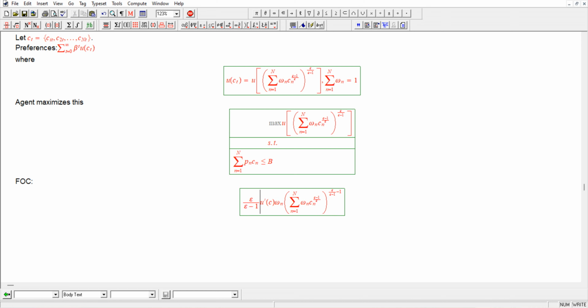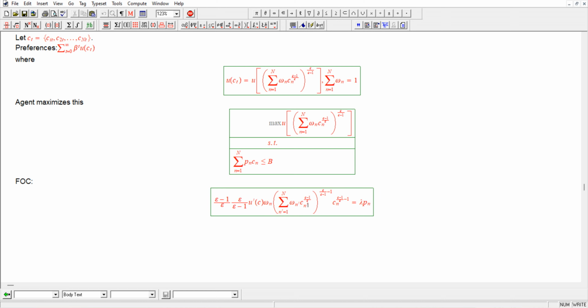I already did that, that's why we have that there. But we also have to take this minus 1 and multiply that out front. And all this is going to equal the Lagrange multiplier on the budget constraint times P_n. And if we want to be really careful, we want to make sure these things are labeled n prime or something else, because they are not the same n as the one that we're deriving here.